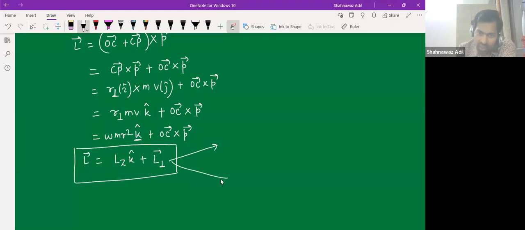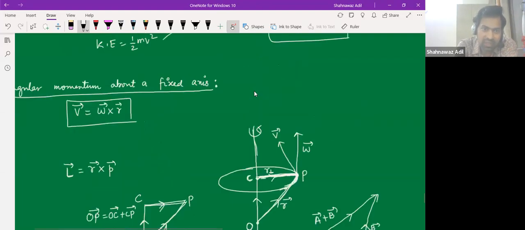One would be in the Z direction, and the other would be the perpendicular direction. So L will have two components, Z component and perpendicular component. This is what I wanted to derive.